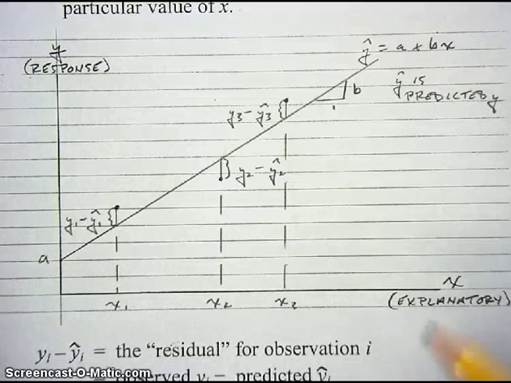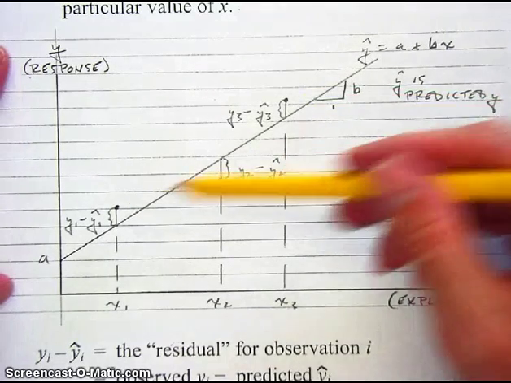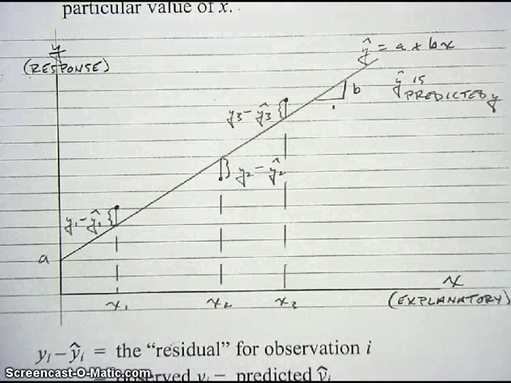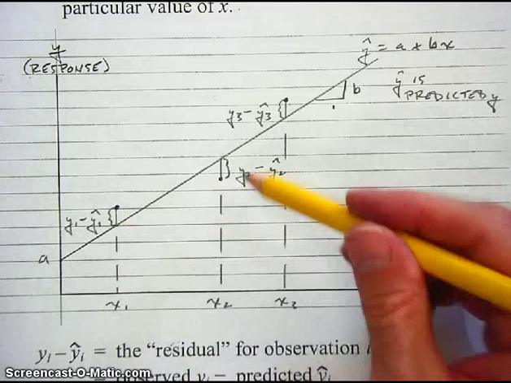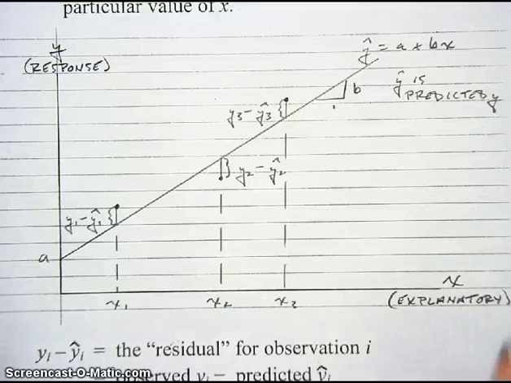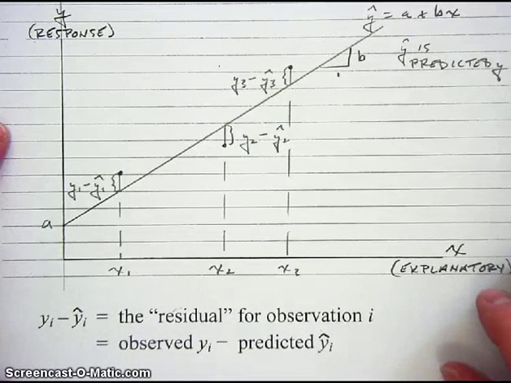That can happen. But the point is, what we want to do is try to somehow minimize all of these residuals. We want to be able to minimize either the total amount of all the residuals or the total amount of deviation from the line, whether we measure it as a positive deviation or a negative deviation. Somehow we want to minimize that and make the line fit the data as best we can.